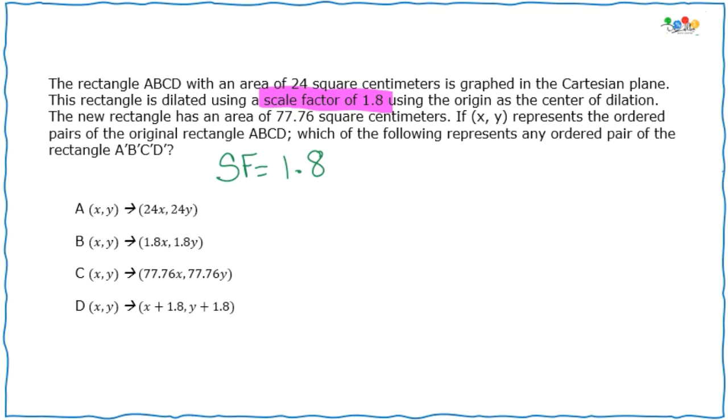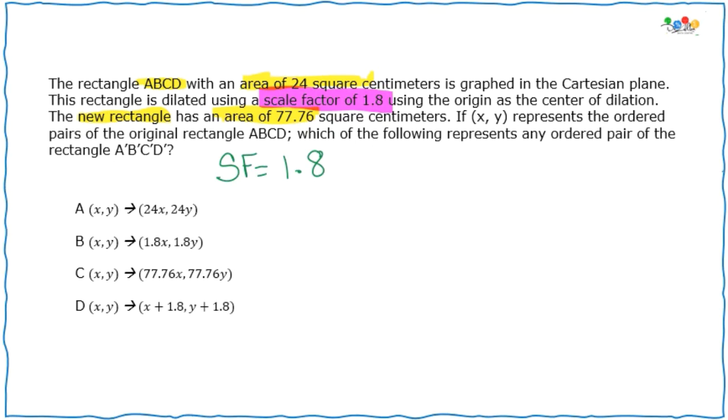There's other information here that talks about the area for ABCD, and it talks about a new area that is 77.76, right? Now, I don't think we need to know about area because none of the answer choices is asking me about area.